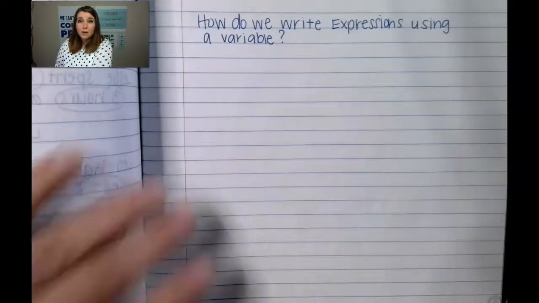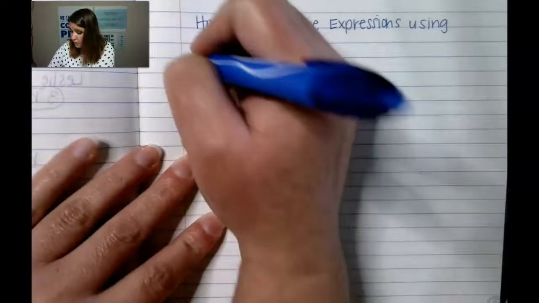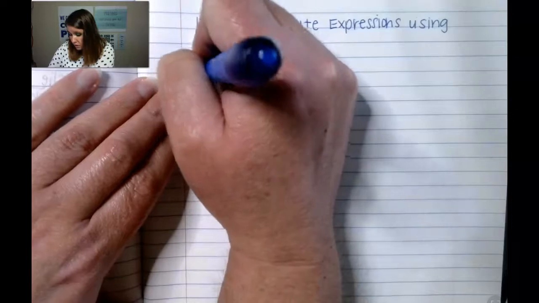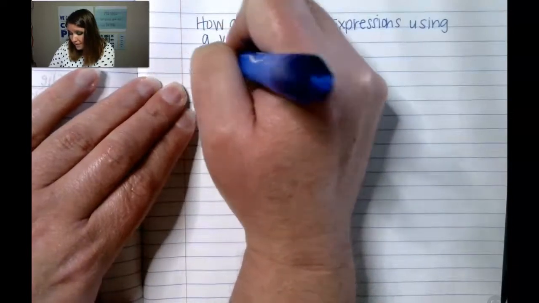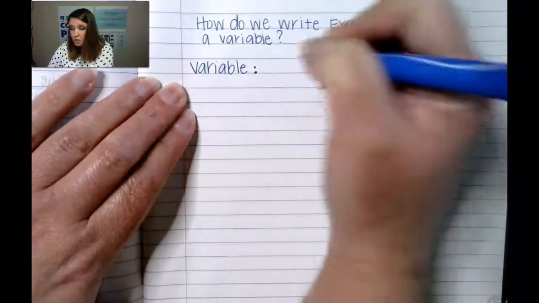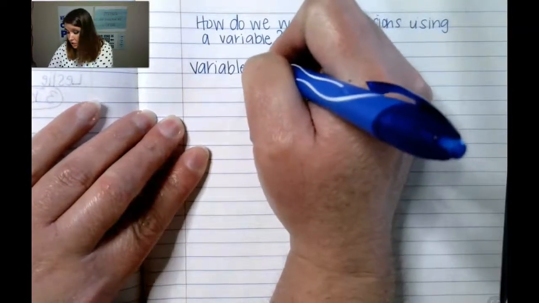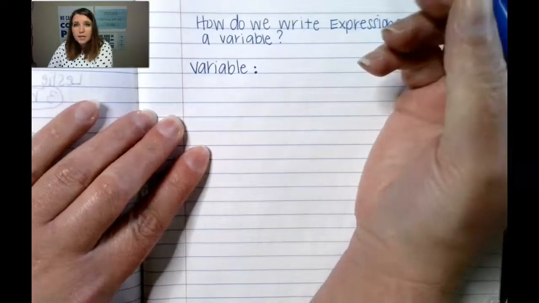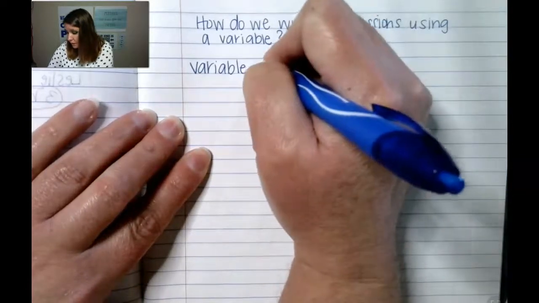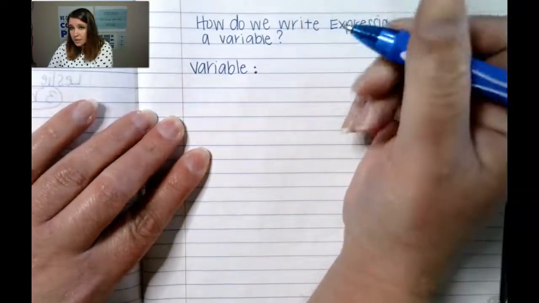So let's talk about what is a variable. A variable is something that can change. So it's an unknown number that can change, and often it's represented with a letter. So we use a letter to hold its place.